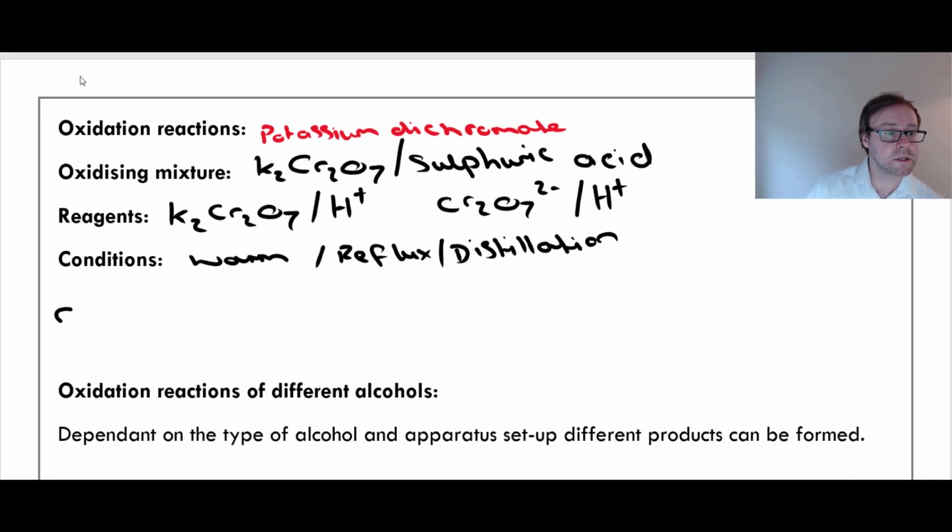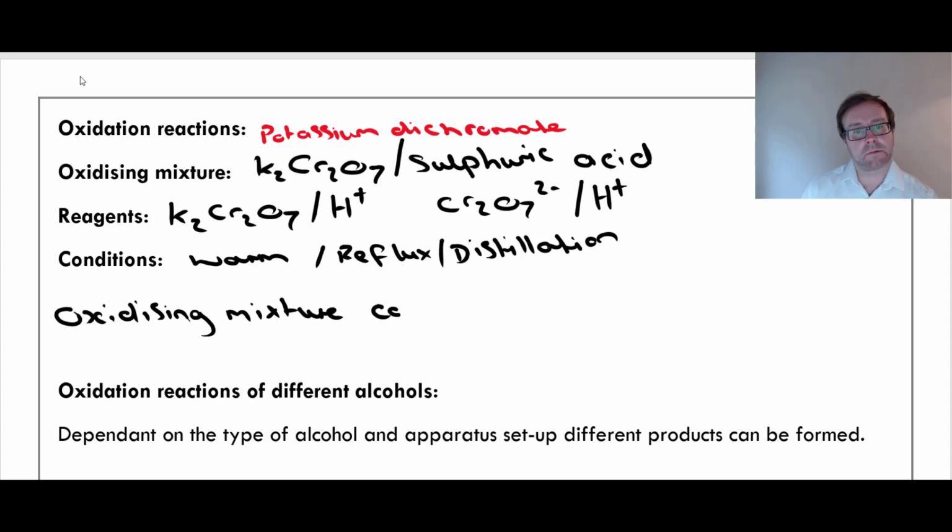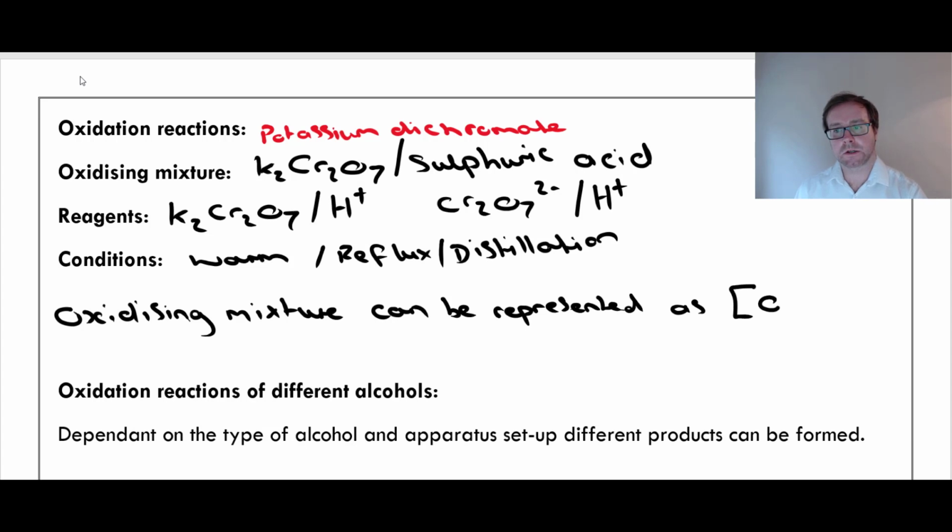So an oxidizing mixture, rather than writing out potassium dichromate and H+, can be represented as [O] in square brackets in an equation, just to simplify it, and that's what we will be using from now on in an equation or reaction.